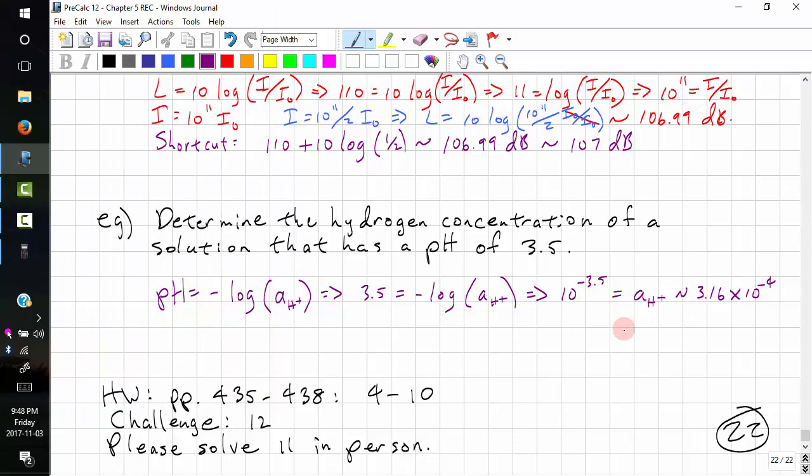If you didn't want to write it in scientific notation, we'd write 0.000. We eliminate one of the zeros when it's a negative, and that's our answer. Another way of doing it is moving the decimal place over 4: 1, 2, 3, 4. And that completes this lesson.